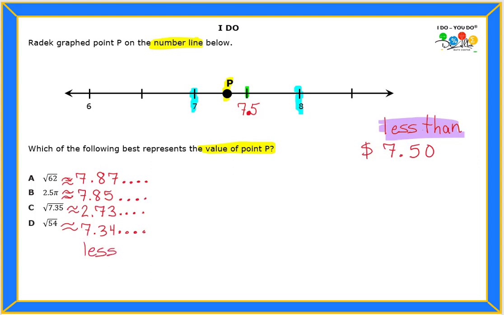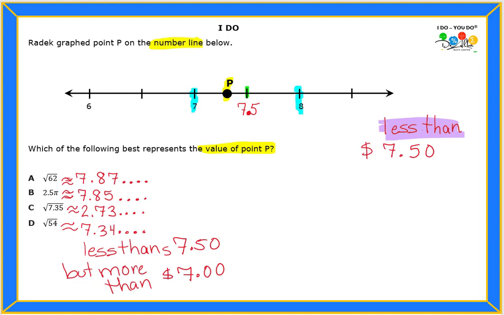This is less than $7.50, but more than how much? Than $7, right? We're thinking about money, right? Very good. Therefore, that will be my answer, right? So the answer here will be square root of 54. That goes right there. Okay? So the answer for this will be letter D. Very good.